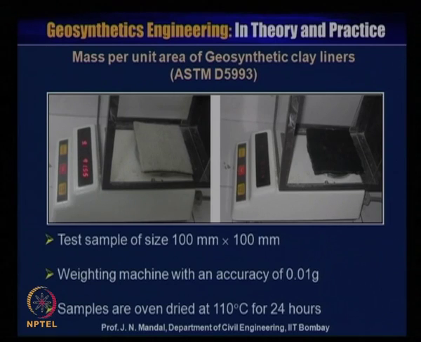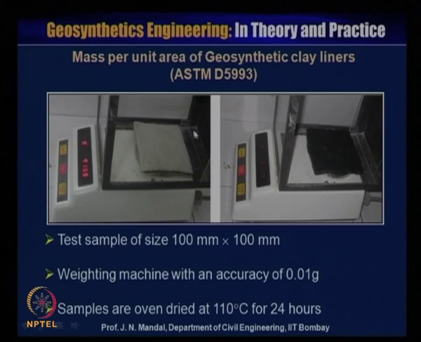Initially, we have to calculate the mass per unit area of the geosynthetic clay liner as per ASTM D5993. This is a very simple way to determine the mass per unit area. You can see this is the sample, this is the white color and this is the black color.